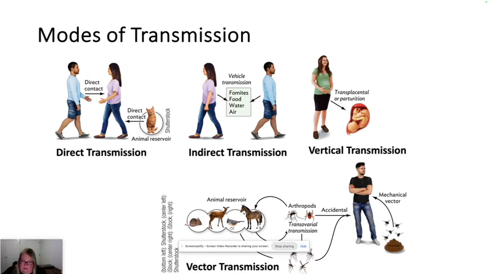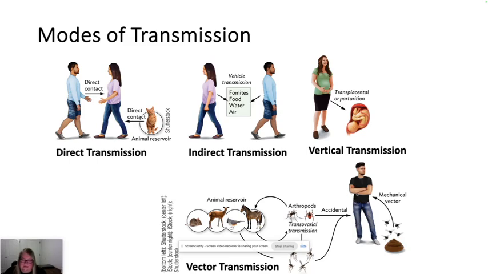So say we have our good old mosquito here. He comes and lands on our deer and takes a blood meal from the deer. Now the mosquito is full of this blood that's contaminated with this microbe. The mosquito is going to go on and find its next blood meal.